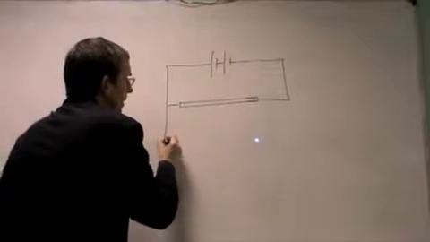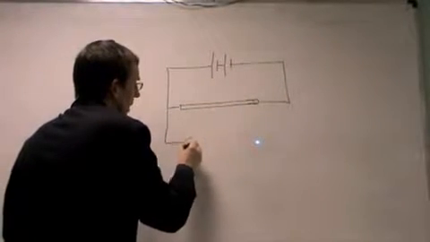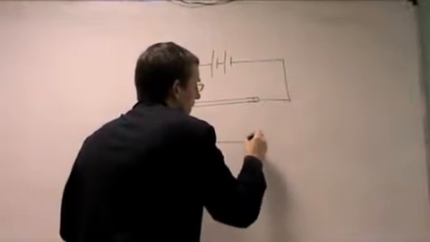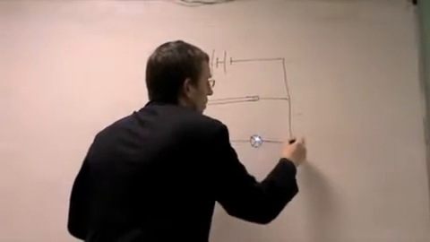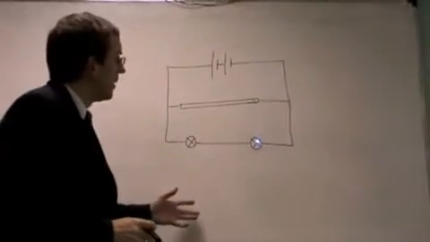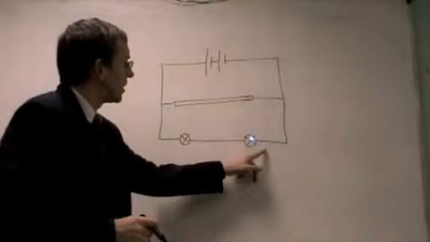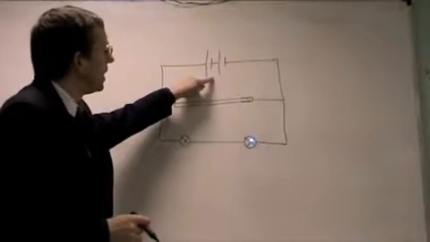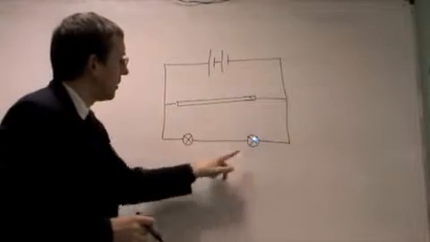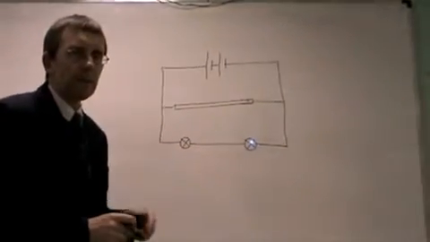And then in parallel with that I've got the two bulbs. Now if the circuit was like that, then the potential difference across the two bulbs would always be the potential difference provided by the batteries, and so each bulb would be equally bright.